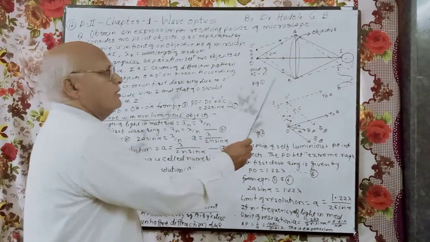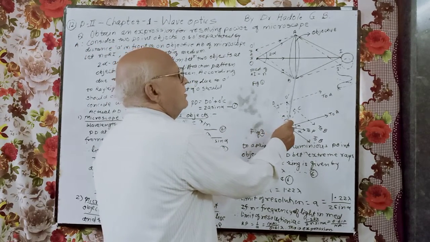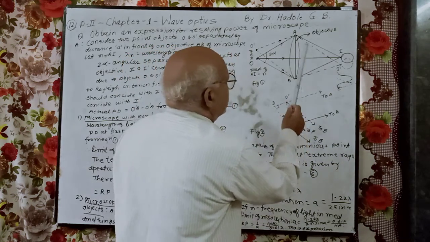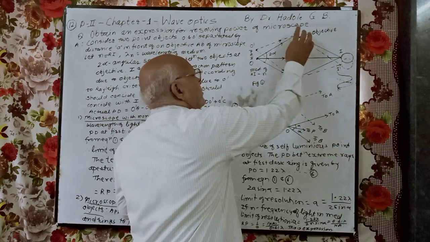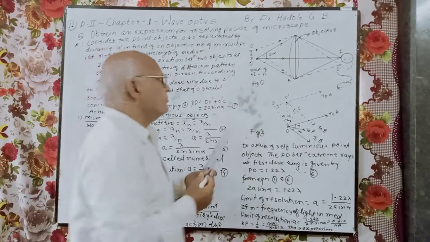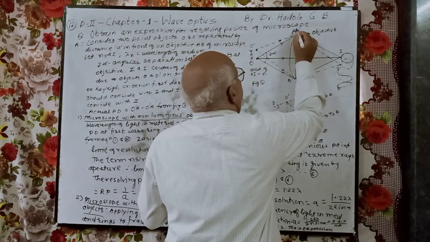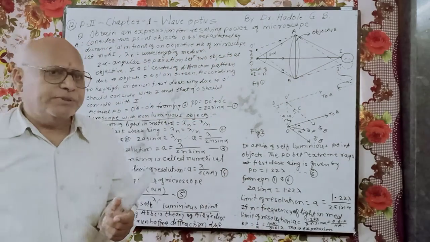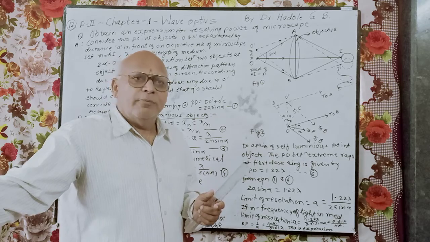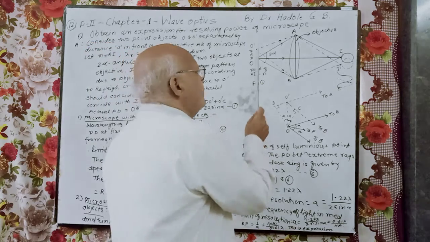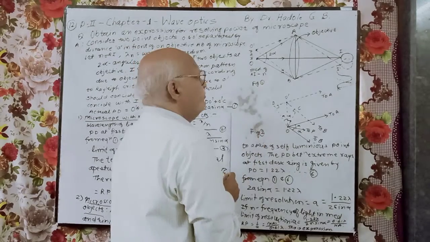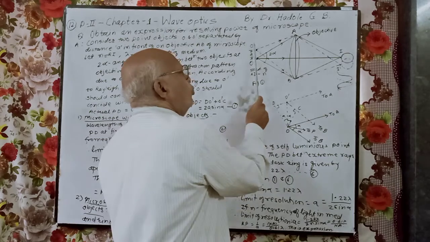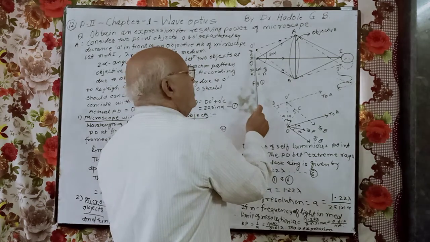Now, for this purpose, consider this lens AB. It is the AB lens which is called the objective. By this objective we are looking at two point objects, just like two onion cells which are very close to each other. Suppose these two point objects are at positions O and O dash, separated by distance a.